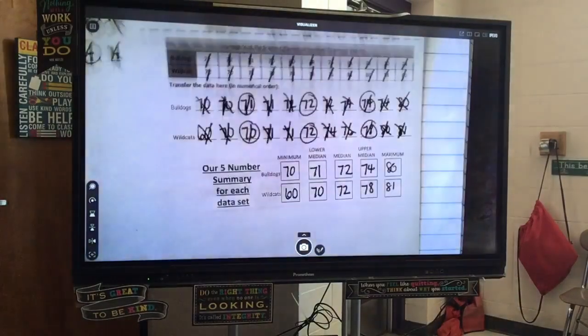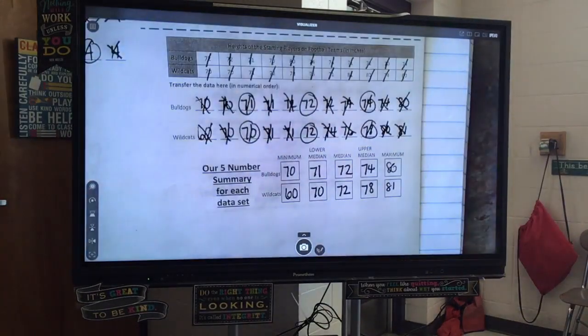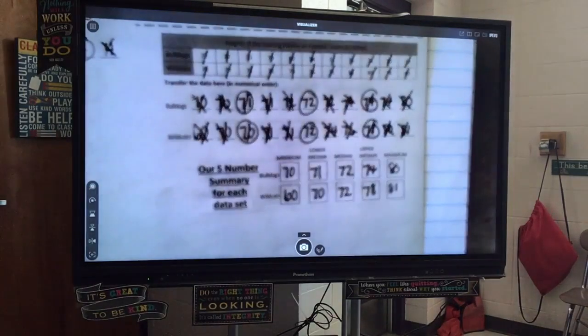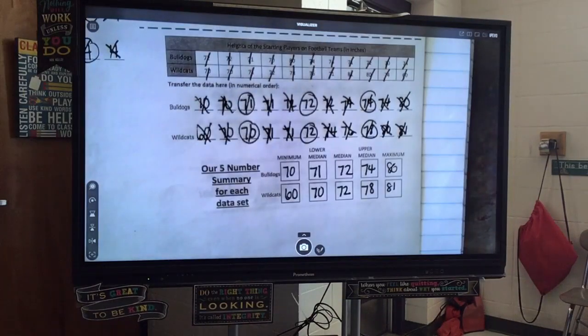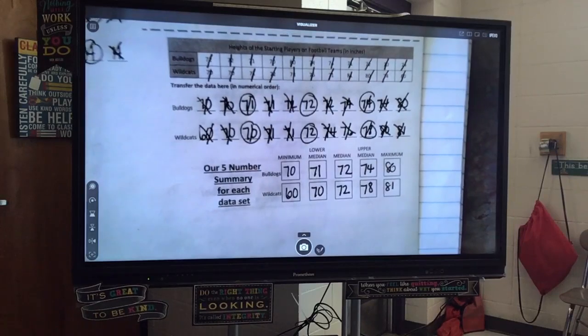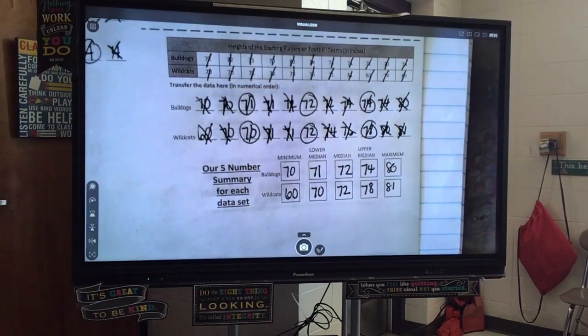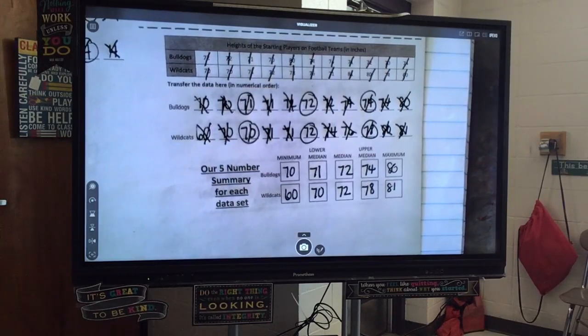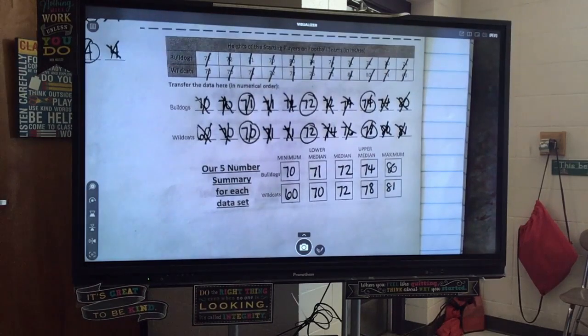For the last one, this is what it should look like. It should be 70, 70, 71, 71, 72, 72, 72, 74, 74, 74, 80 for your first data set. For the Wildcats, it should be 60, 70, 70, 71, 71, 72, 74, 76, 78, 80, 81.